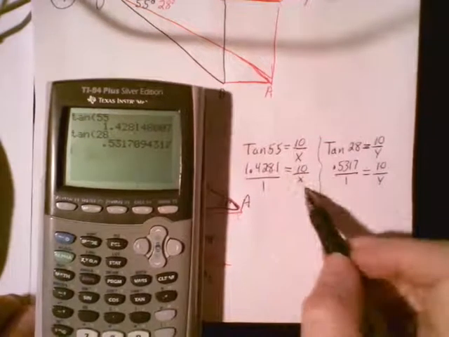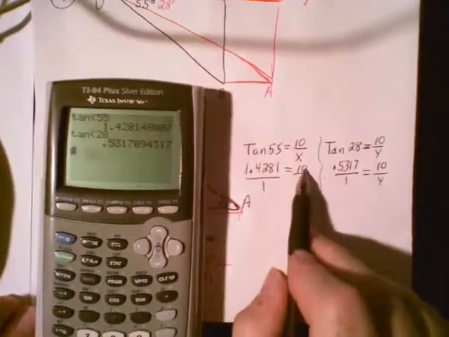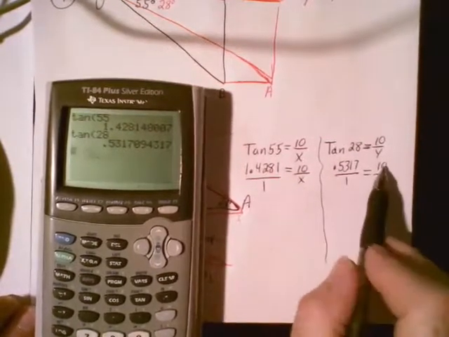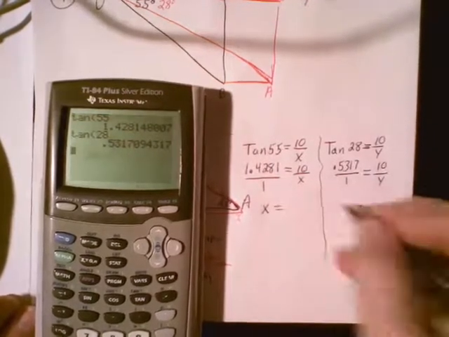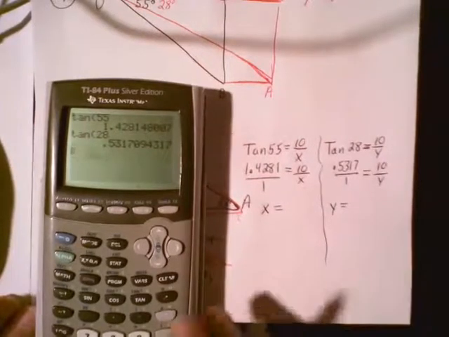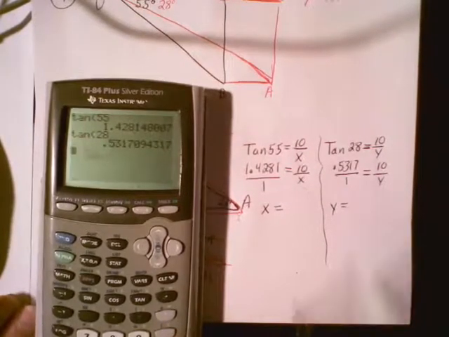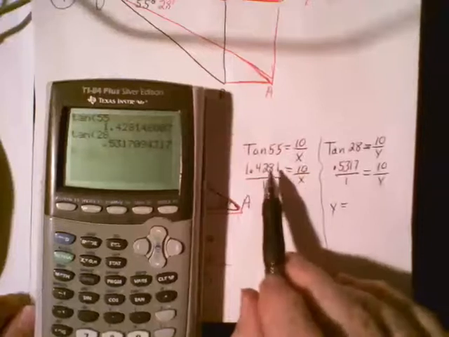Now, when we cross multiply, all we're going to end up doing is taking this 10 and dividing by this number. Over here, we're going to take 10 and divide by that number. So that's just going to give us X and Y, and I'm just going to do those instead of doing all the steps.